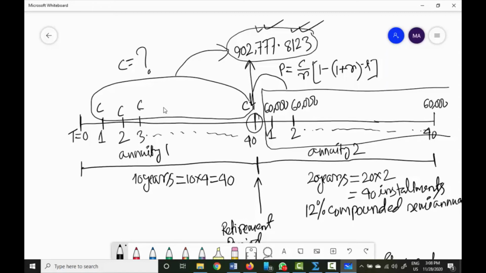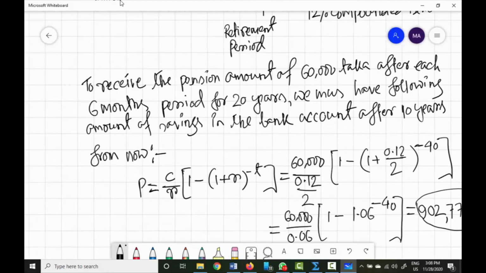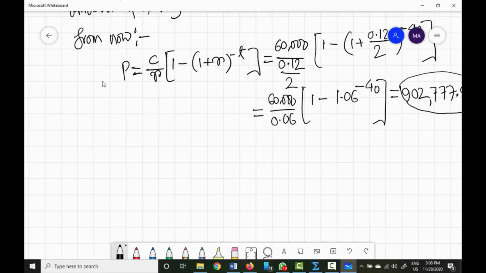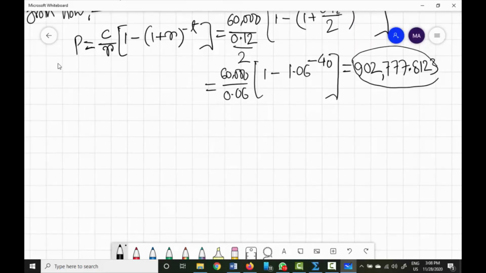So this amount is the future value for this annuity. The future value of annuity 1 we know.